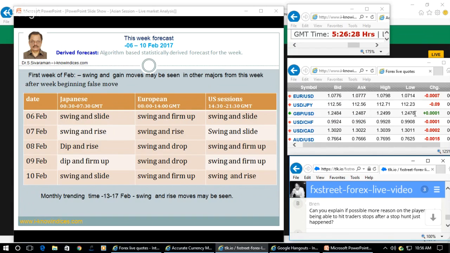When they make a downward stop in during the late session, for example, there is no need to buy, because during the gap time they will gain the level, and at session start time they will make another brief downward stop in, because during the swing they have to make another downward stop in before making a rise. So at that time you can take a buy. Then within the session we'll be able to close the position with the profit.